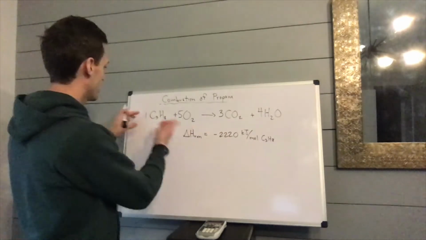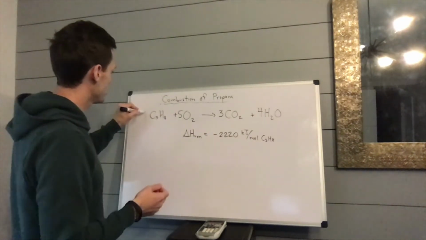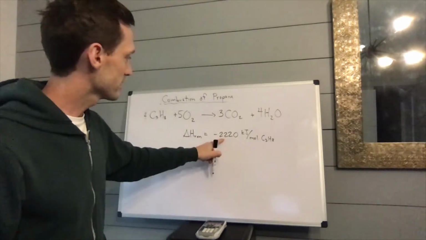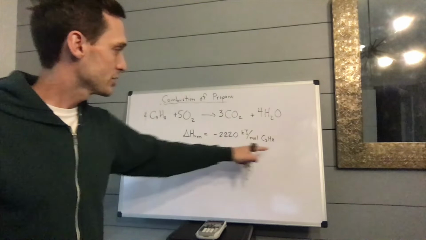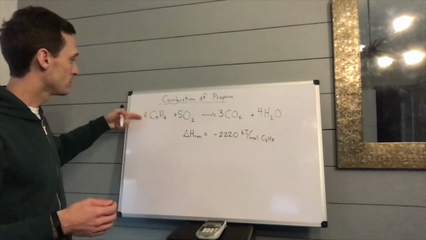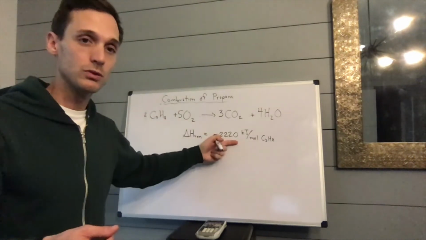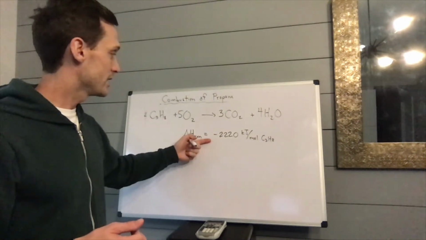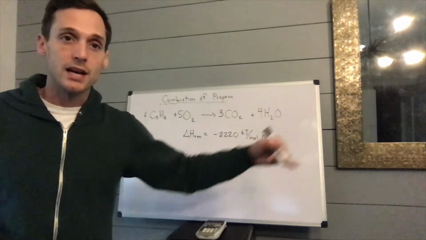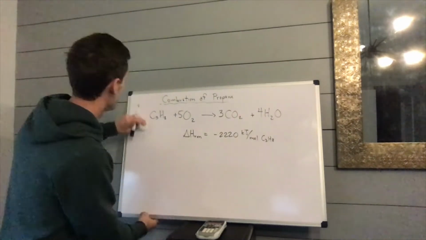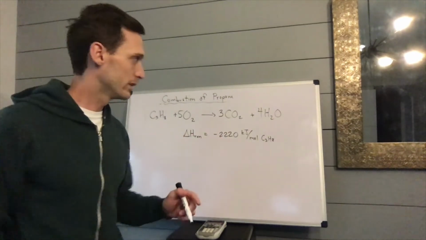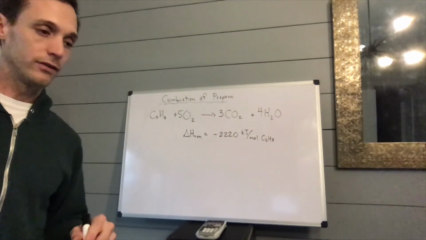But if this were another coefficient, let's say this was a 2 here when we balanced it, just theoretically, well, then this delta H of the reaction, in order to be applied to this reaction, because now it's 2 moles of C3H8, you would just multiply it by 2 to be able to apply it to this chemical reaction. But nicely enough, it is just a 1, so this will hold for our reaction.